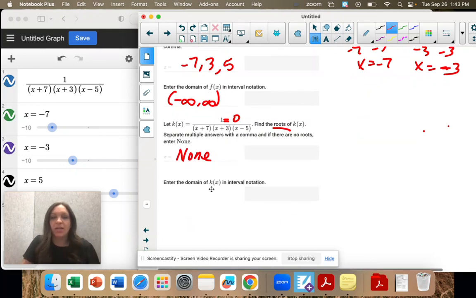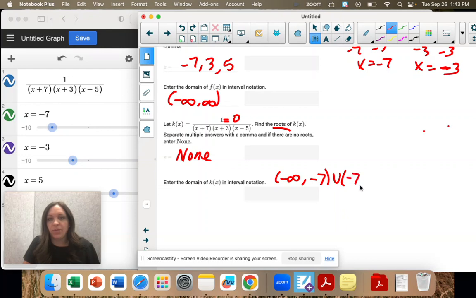So the domain is we go from -infinity, and then we hit our asymptote at -7. And then we pick up at -7 and we go to our next asymptote, -3. Then we pick up at -3 and go to our next asymptote, 5. See the pattern all the way to infinity.